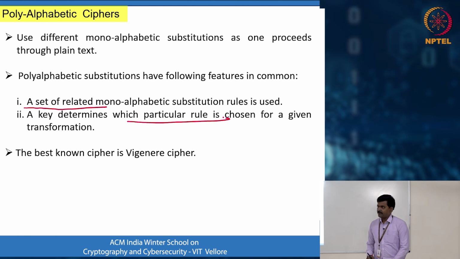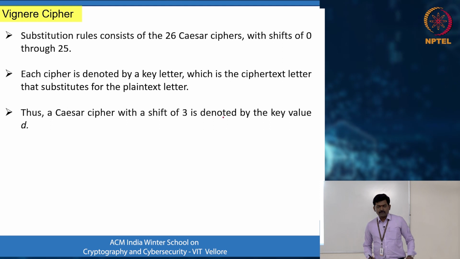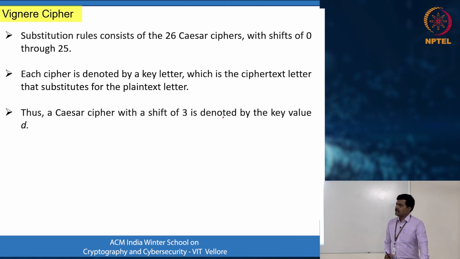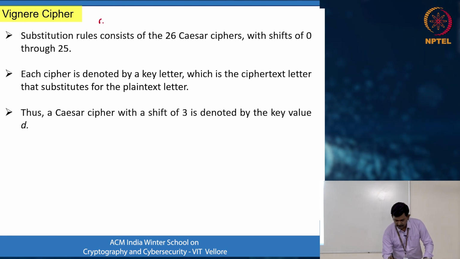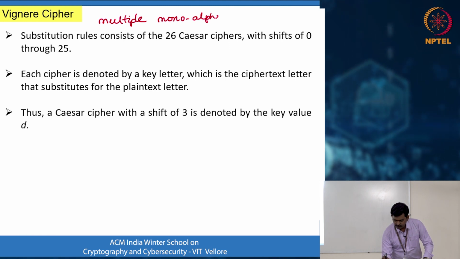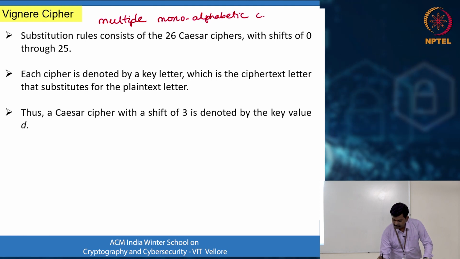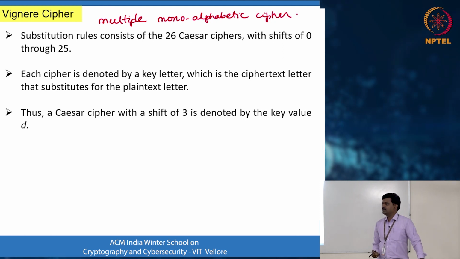The best known polyalphabetic cipher is the Vigenere cipher. What is the Vigenere cipher doing? It is doing multiple monoalphabetic substitutions. Tell me one example of monoalphabetic substitution. Caesar cipher is the best example.